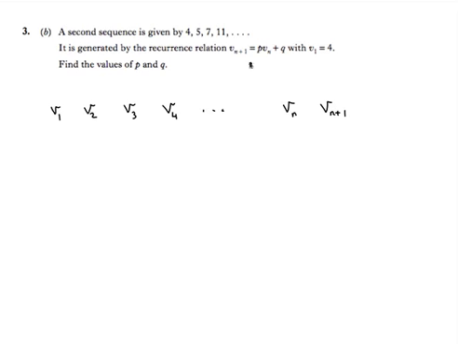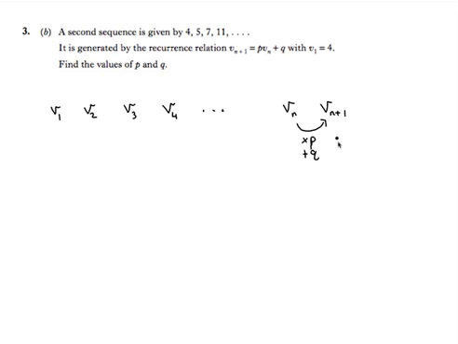So information we're given this time. The rule tells us that to get the term following Vn, that's Vn+1, we multiply Vn by p and then add q. So to go from here to here, multiply by p, add q. In that order.